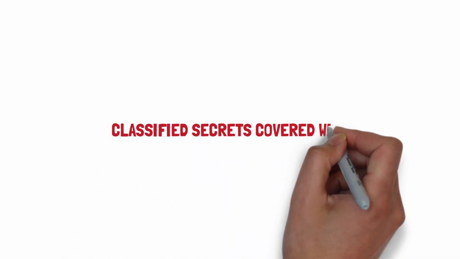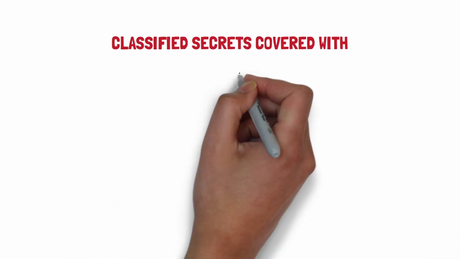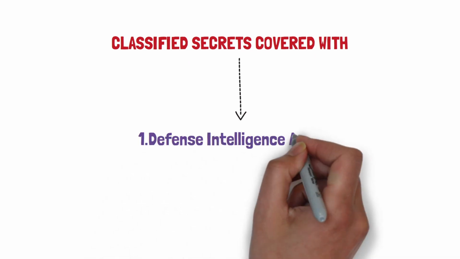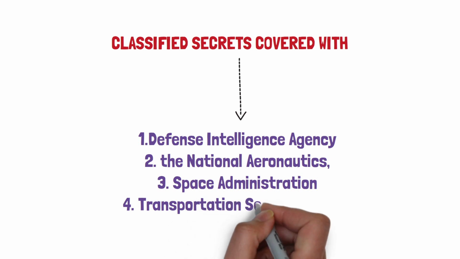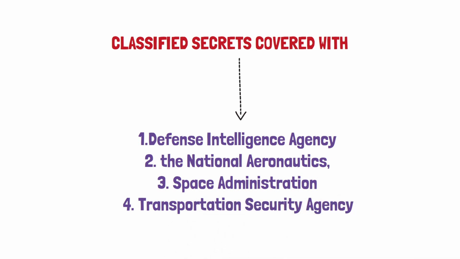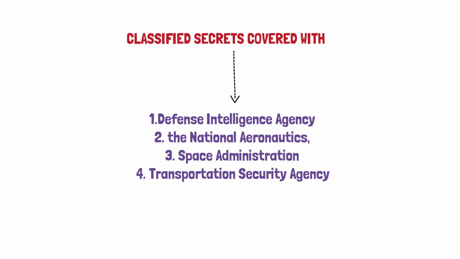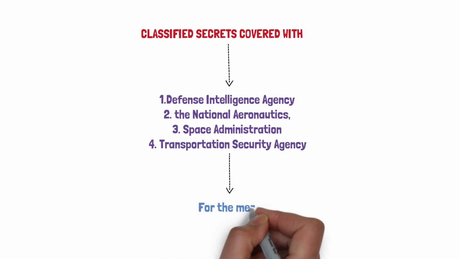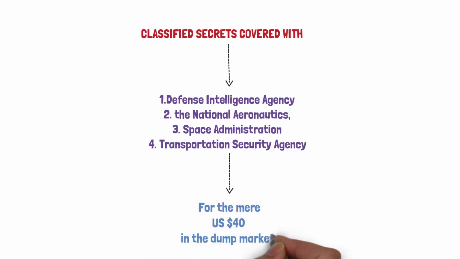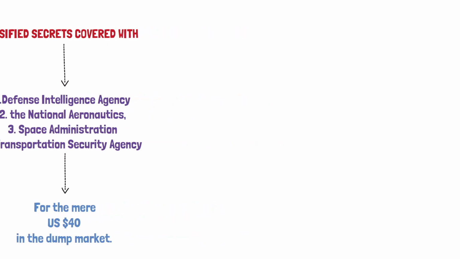Classified secrets covering contracts with the Defense Intelligence Agency, the National Aeronautics and Space Administration, and the Transportation Security Administration resurfaced in the encrypted hard drives and wasted sales for the mere $40 in the dump market.